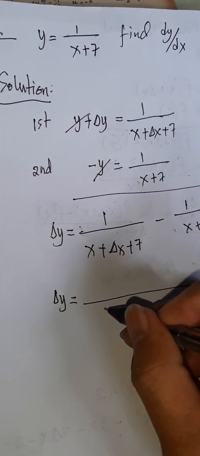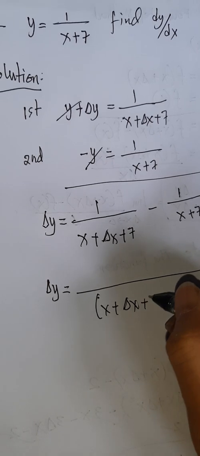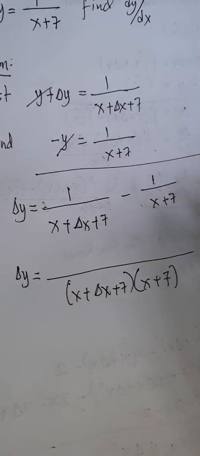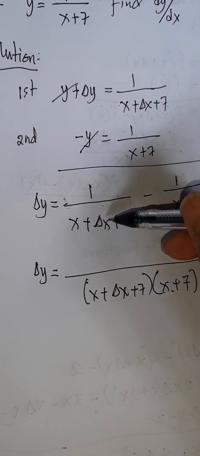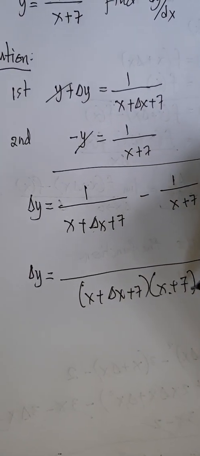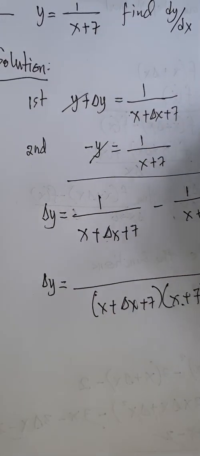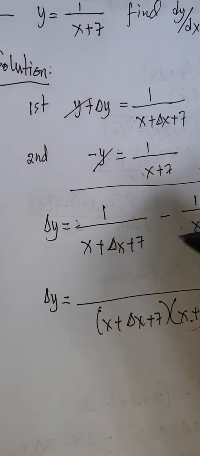And its LCD is the product of x plus delta x plus 7 multiplied by x plus 7. Then, ito divide dito, magka-cancel yung x plus delta x plus 7, matitira x plus 7. Or, simply, cross-multiply na lang natin, since prime naman yung factors sa denominator.